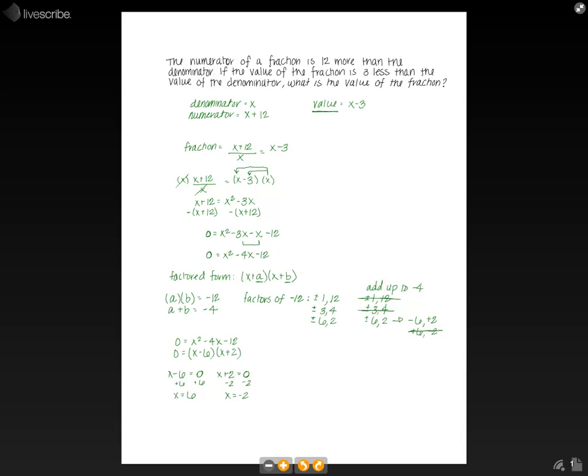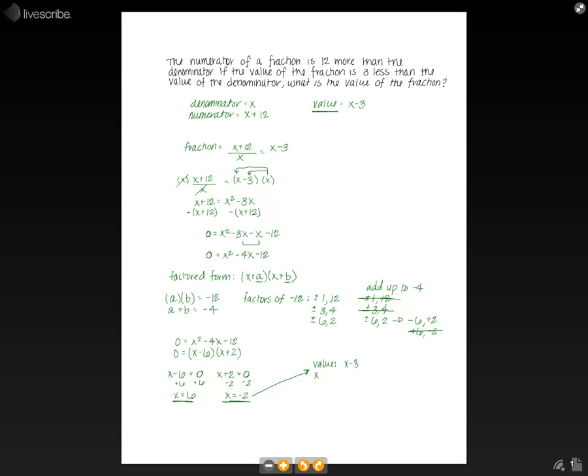Alright, so now that we have those, you might think you're done, but remember that the problem actually asked us for the value of the fraction. So we need to go back and plug those into the value of the fraction. So the value is x minus 3. So we need to plug each one of these into that equation. So we'll have two values.